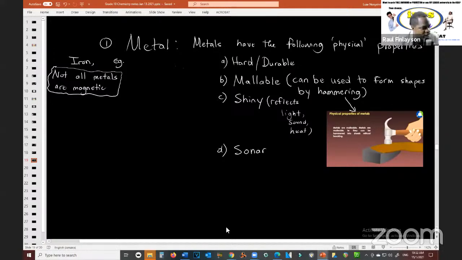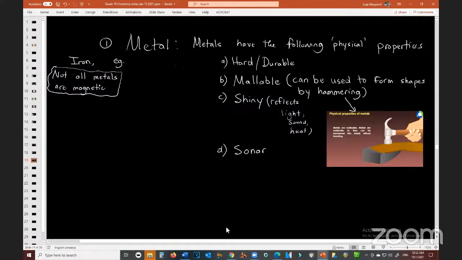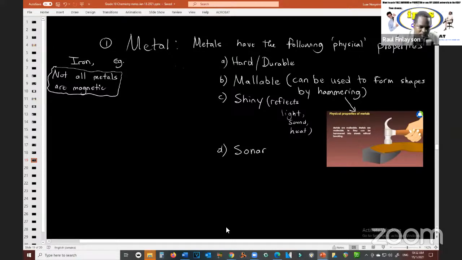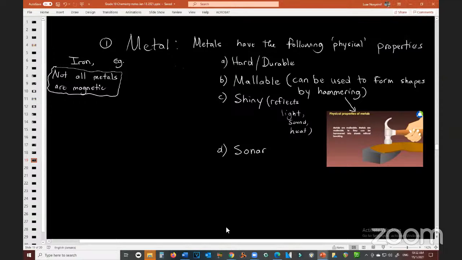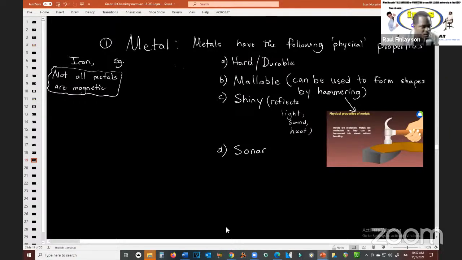You can know that it is a pot cover dropping, right? You can tell the difference between a pot cover dropping on the ground and a plate dropping on the ground. Because the pot cover is made from metal, and metals make a sonorous sound. We're going to look at that later on. They make a loud ringing sound.